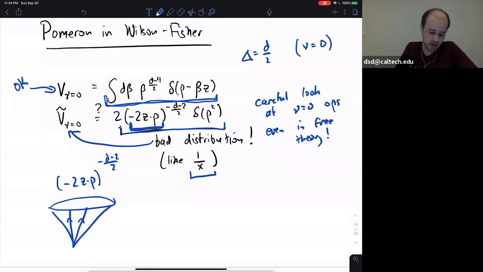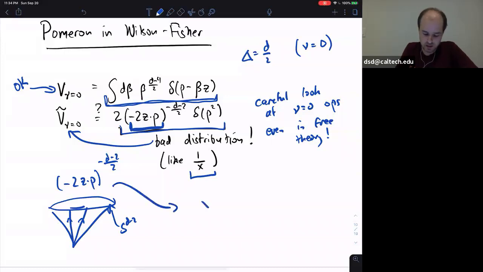And so we can write a coordinate in this angular direction. Maybe the best way to do this is, this thing here is an S^(d-2), and let's pick stereographic coordinates on the S^(d-2).